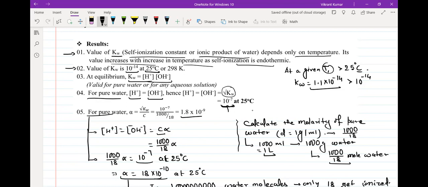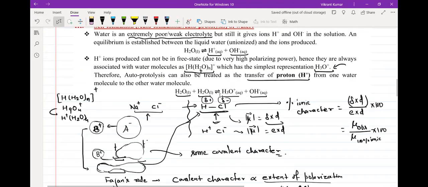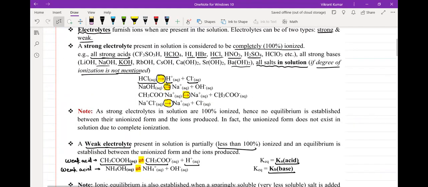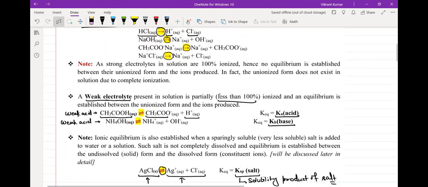That means in this chapter we are going to get frequently these type of numbers. जैसे स्टार्ट में देखो ना, मैंने बोला था एसिटिक एसिड के लिए K का वैल्यू कुछ रहेगा, है ना? We talked about that K of acid, Kb of base. These numbers we talked about Ksp of salt. These numbers like CH3COOH का K at 25 degrees C will be very close to 1.8 into 10 raised to minus 5.